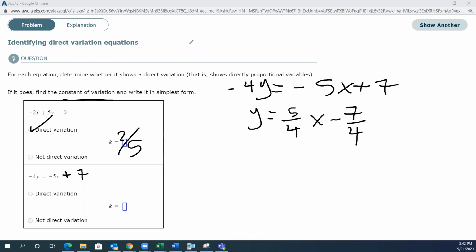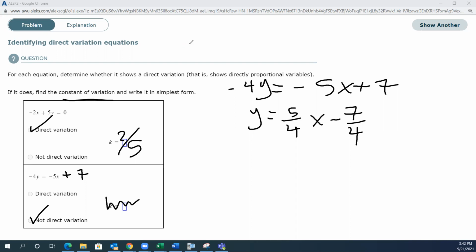Then I ask, do I have a non-zero y-intercept there? If I do, which in this case I do, then it's nope, no direct variation. And therefore I don't even worry about the constant of variation, because it's not a variation situation, so there wouldn't be a constant of variation.